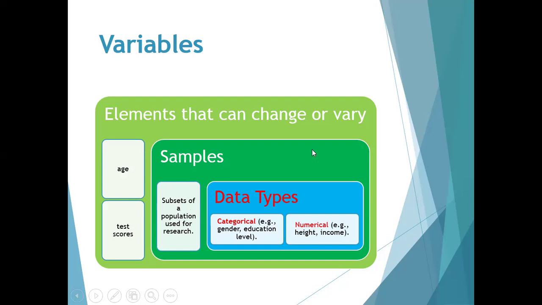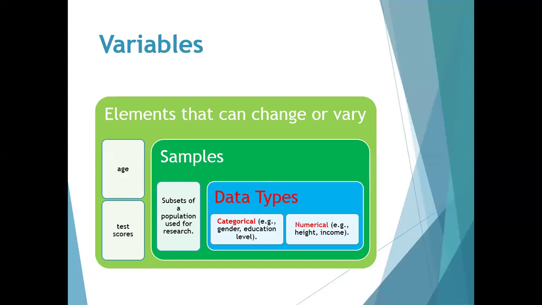As I told you, for example, you were in the school with 1,000 students, you can get a sample of 10 or 100 students. Data types, okay?